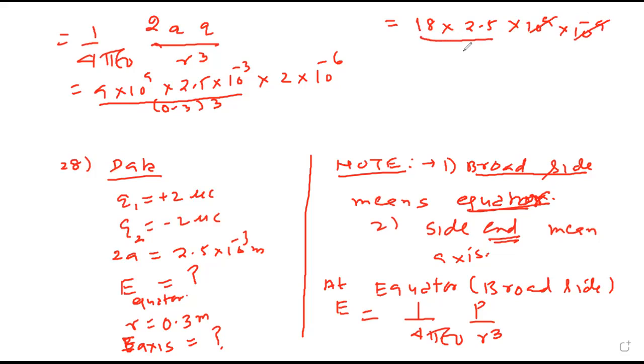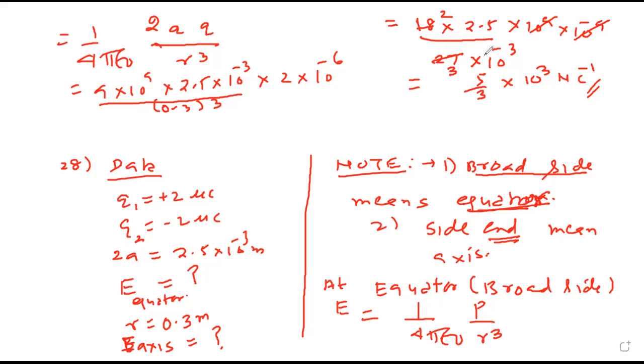Upon 3 cube is 27 into 10 raised to minus 3. 9 into 2, 9 threes are 27. So that will become 5 upon 3 into 10 raised to 3 Newton per coulomb.